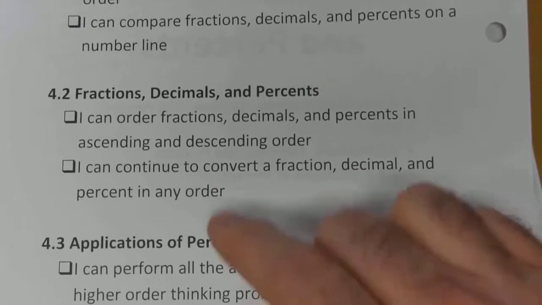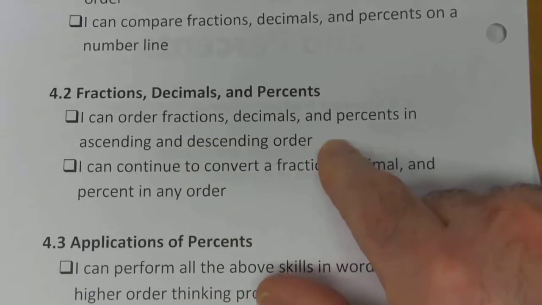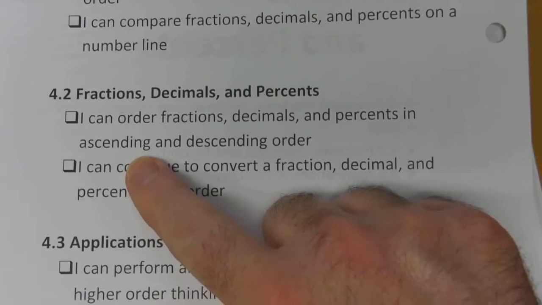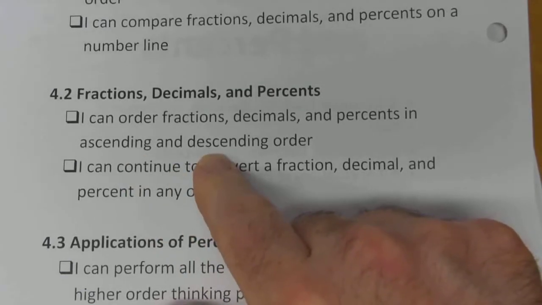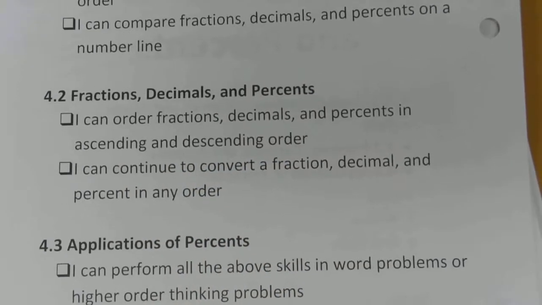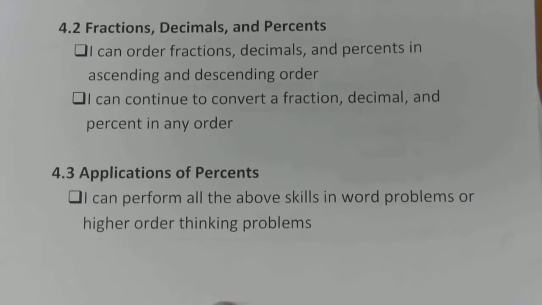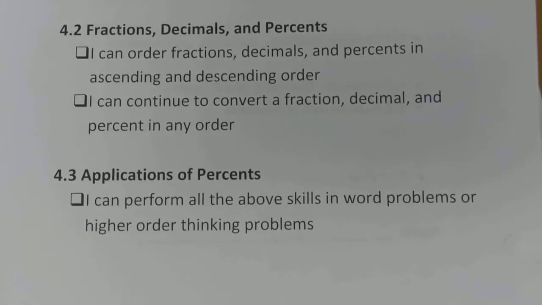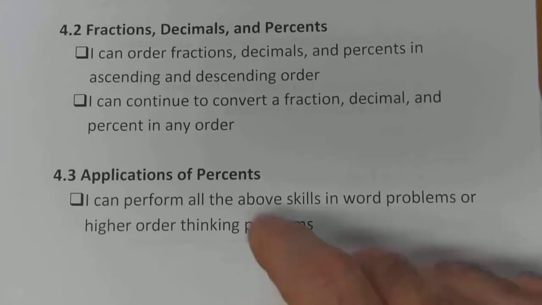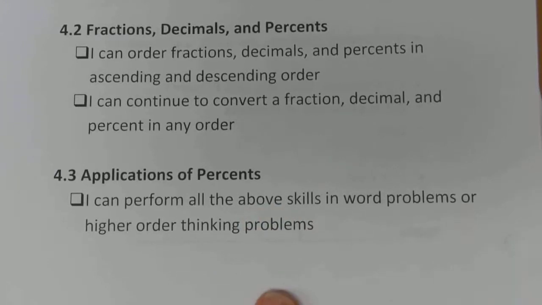In 4.2, you're going to be able to order fractions, decimals, percents in ascending, or getting bigger, or descending order, which is getting smaller. And you'll be able to practice converting your fractions, decimals, and percents again in any order. Once we get to 4.3, you're going to be able to perform all of the above skills in word problems or using higher order thinking problems.